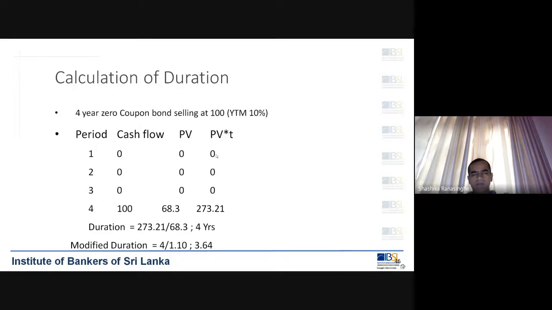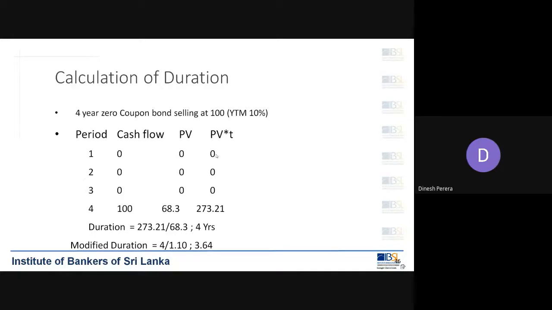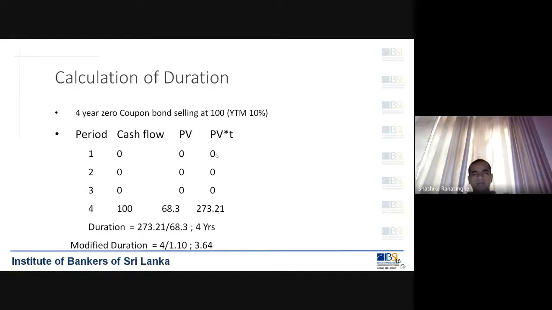The coupon is 0. Yield cannot be 10%. No? This says yield to maturity 10%. You're close. Almost there.